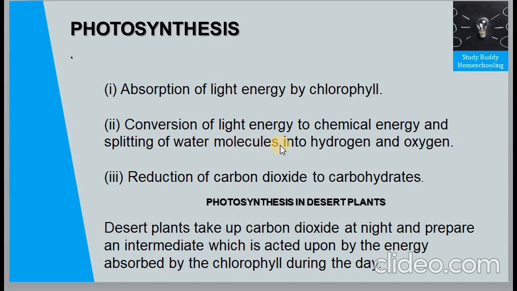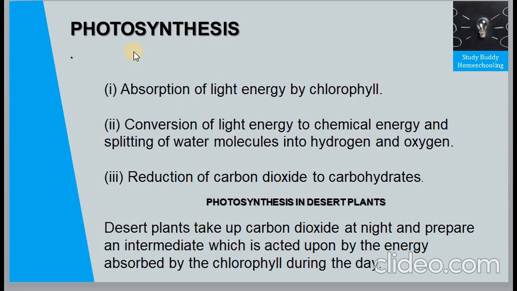If two water molecules are split, it gives one molecule of oxygen and a few hydrogen ions. These hydrogen ions which are formed during the photolysis of water are used by the carbon dioxide which goes in through stomata, and this carbon dioxide gets converted into carbohydrates and gets stored in the plant.